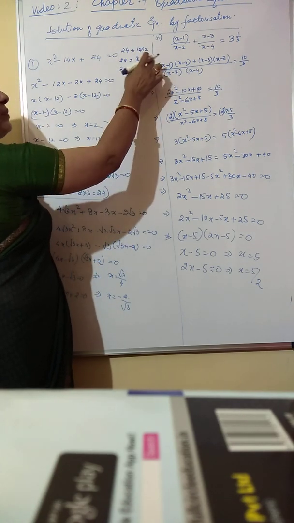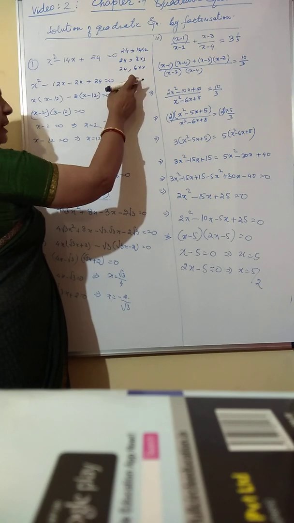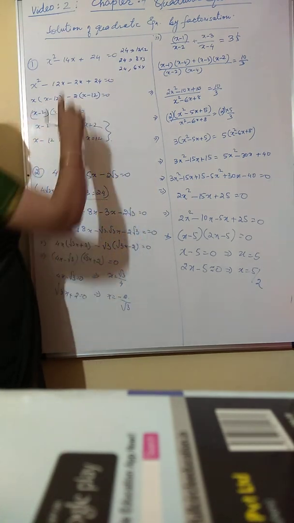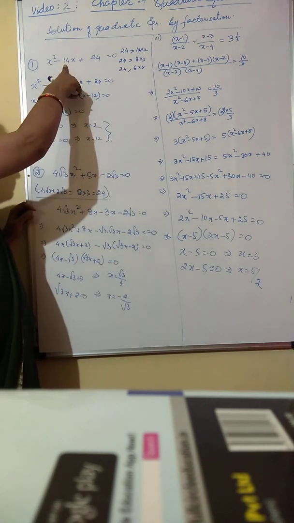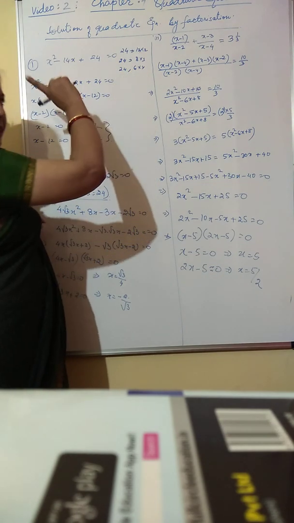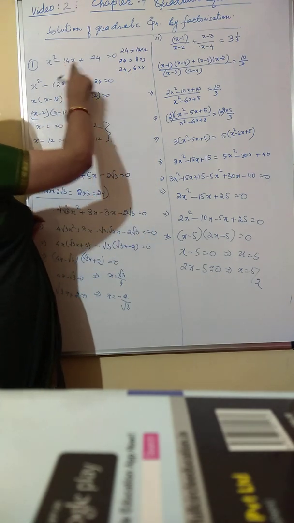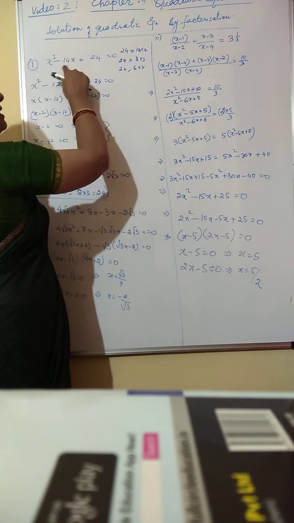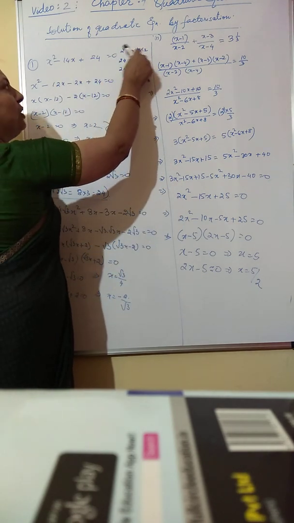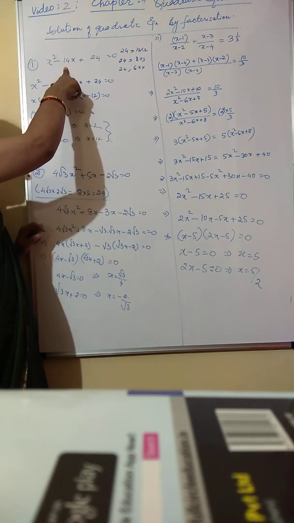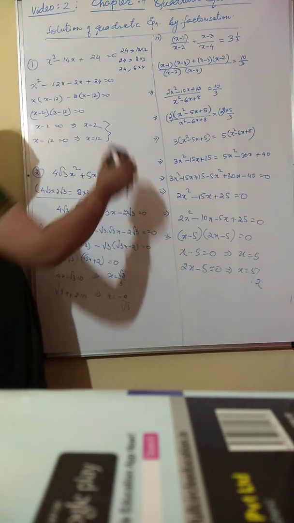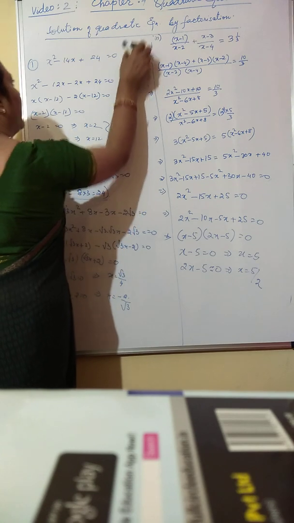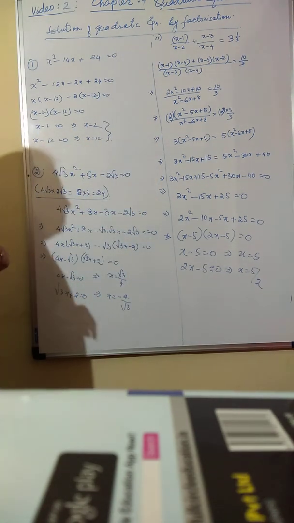All these three products equal 24, but the sum of the two terms has to be equal to the middle term. 6 plus 4 is 10, which is not equal to 14. 8 plus 3 is 11, which is again not 14. And 12 plus 2 is 14. So we have to split 14 in terms of 12 and 2.